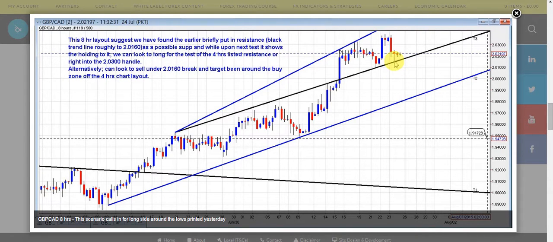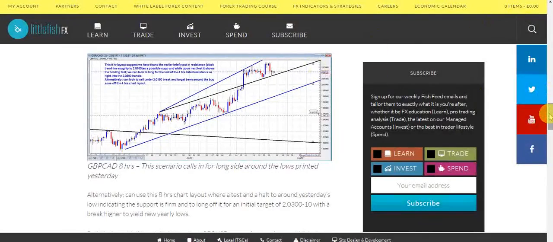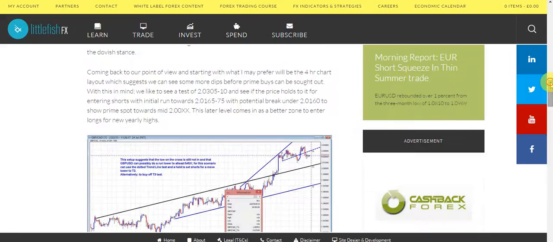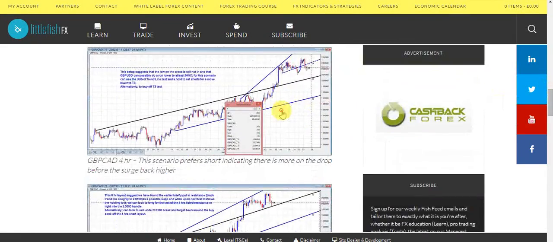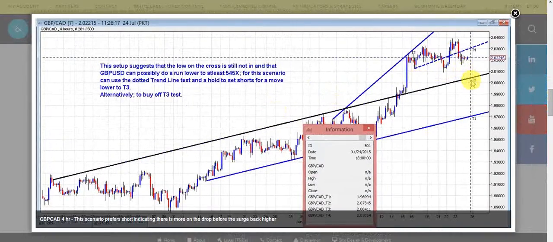So the idea was that if it breaks here, then use the 4-hour chart and go for a major target towards T3, which is coming to about 2.0041, and cash out and go for buys for a retest towards T4 or 2.03, whatever the level that was coming in.